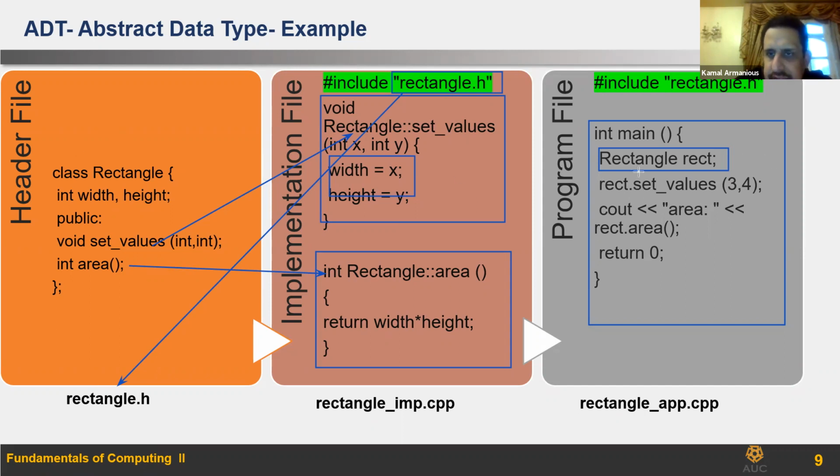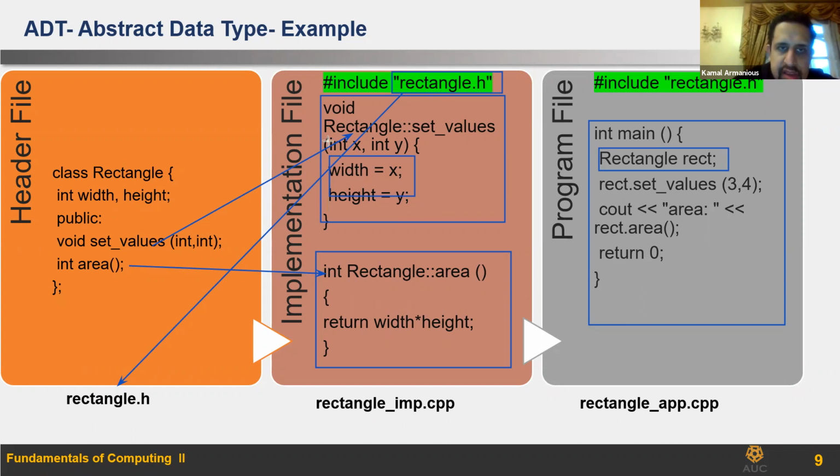Then you use the function called set values, where the implementation, or the C++ code for set values, exists in the implementation file. And area exists in the implementation file.